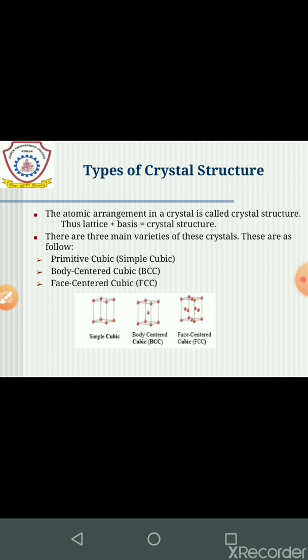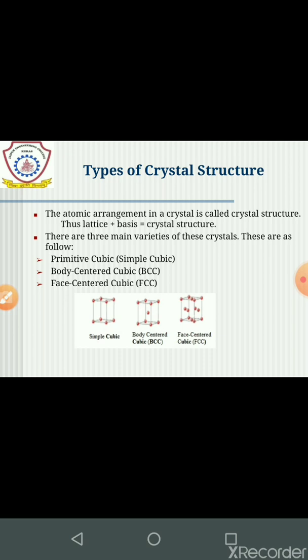The crystal structure is a combination of lattice plus bases, that is known as a crystal structure. Lattice is nothing but a three-dimensional view of the semiconductor, and the other thing, the basis, is the substrate, the base of any semiconductor material.